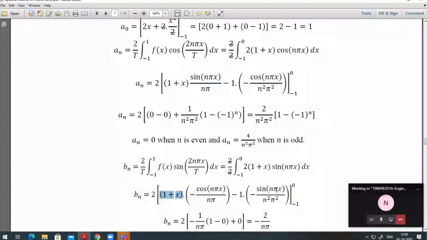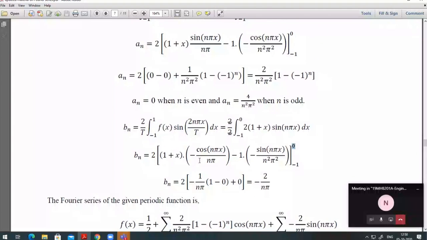Taking minus 1 by n pi outside, for the upper limit it is 1, and for the lower limit, again cos 0 is 1, so 1 minus 1, this term will be 0.